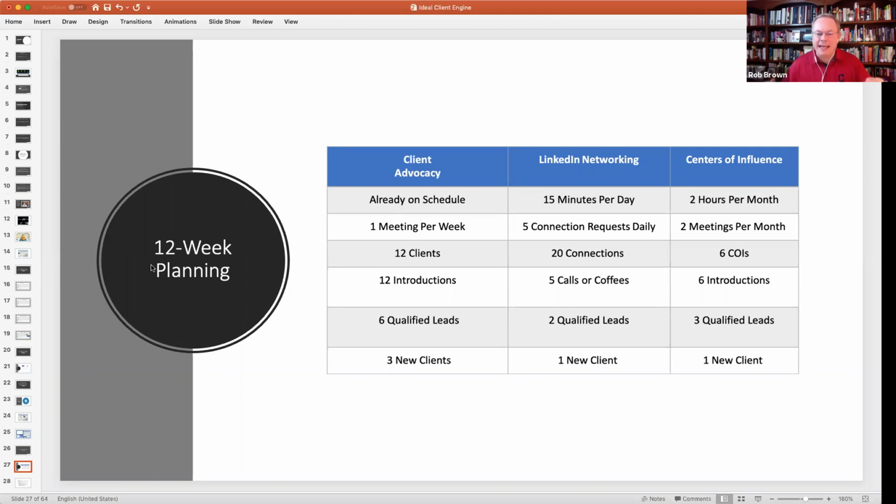And then we broke that down into pieces so we knew exactly how many client meetings he needed to have, how many connection requests he needed to make, and how many times he needed to meet with his centers of influence. That's a perfect example of 12-week planning. That's the kind of planning that I want you to do, and it works out towards your KPIs.